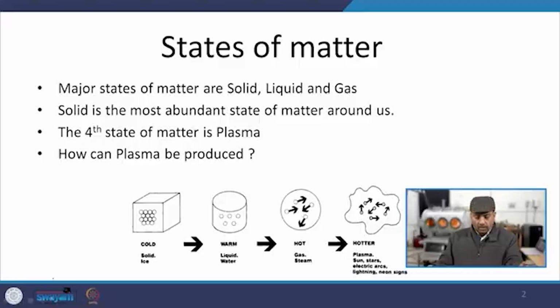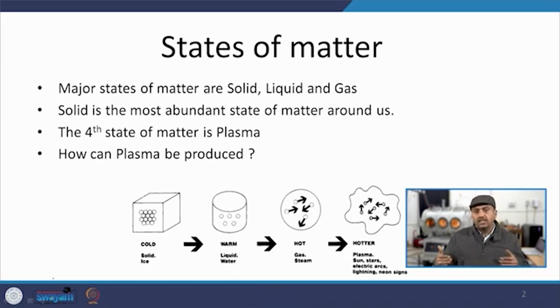If you heat it even further, you will be giving enough energy for the atoms or molecules to evaporate and form into what is called as the gas state, right. So, what you are seeing is, as you are increasing the temperature of the surroundings of the matter, there is a phase transition from solid to liquid to gas, right.